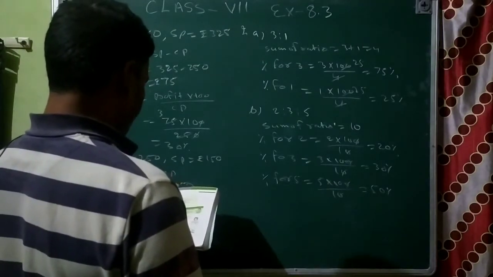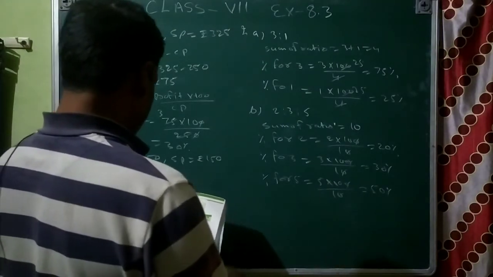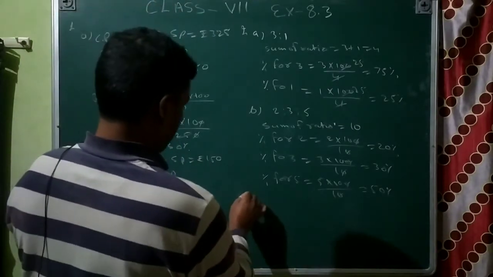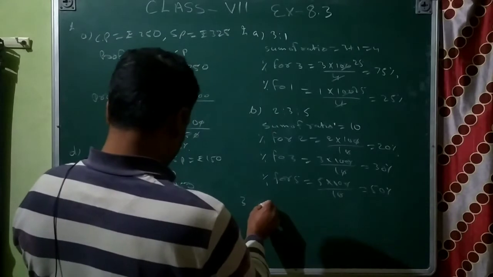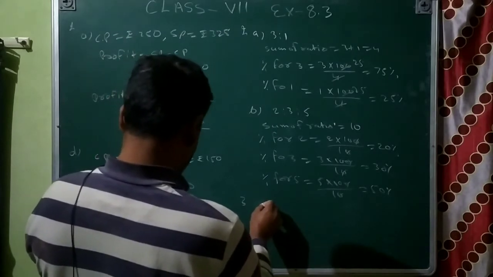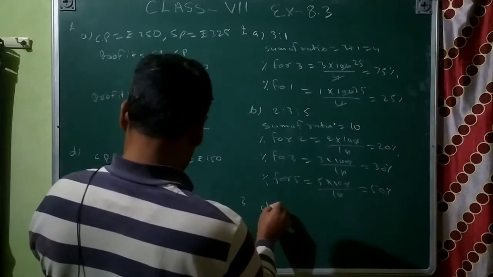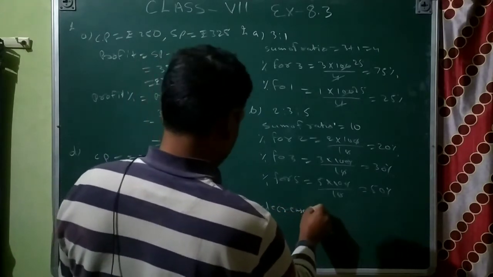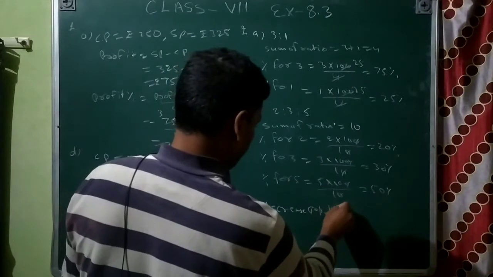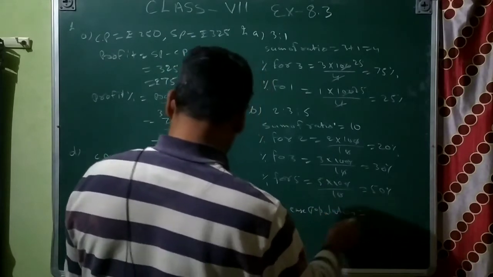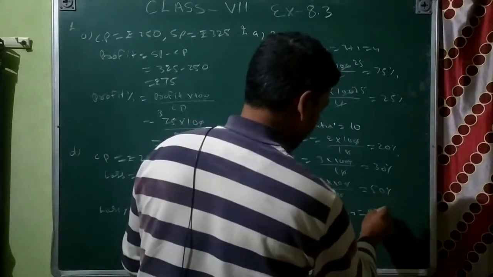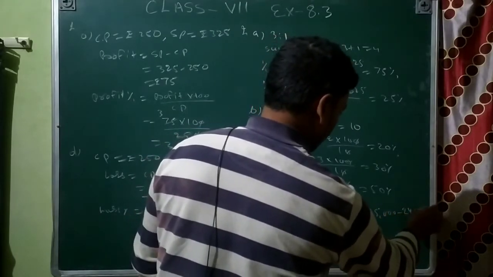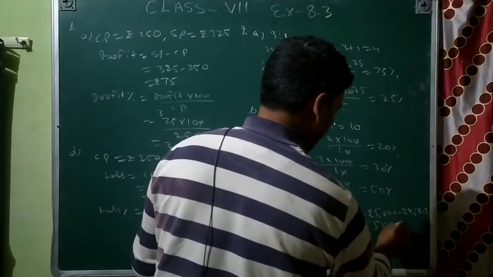And then question number 3, the population of a city decreased from 25,000 to 24,500. Find the percent decrease. So the decrease in population is equal to 25,000 minus 24,500, that is 500.